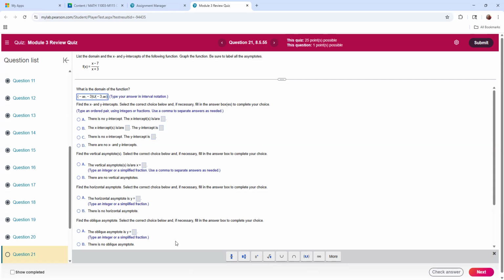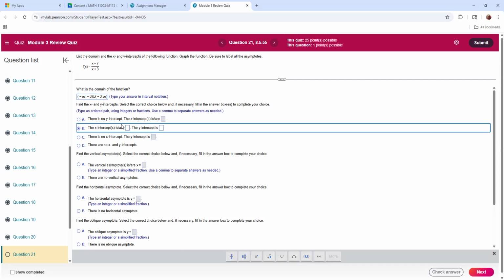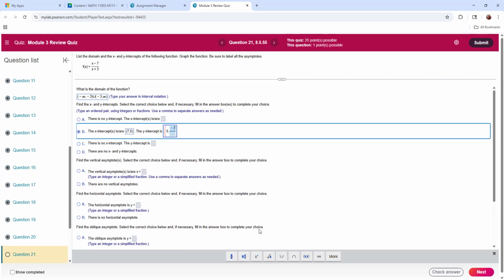I had a y-intercept and an x-intercept. The x-intercept we said was 7, 0. Make that look like an ordered pair. The y-intercept is 0, comma, and we got -7/3. So that'll be -7 on top, 3 on the bottom, arrow right, and then close your parentheses.